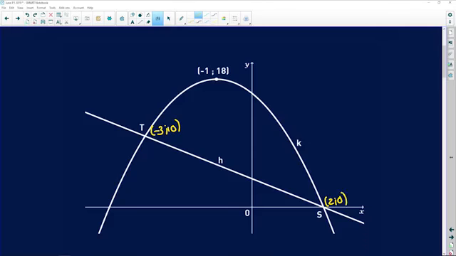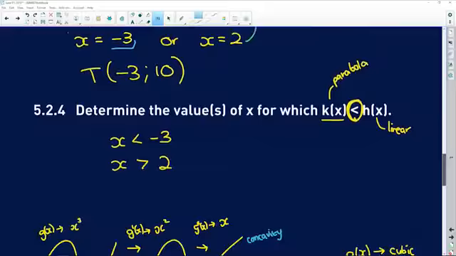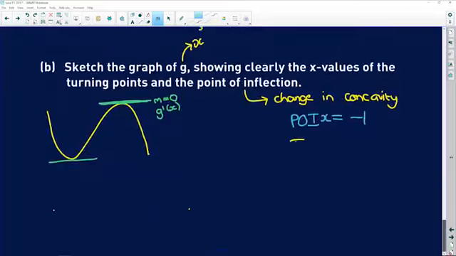If we were given that this parabola is the first derivative, remember this is g prime of x, where this equals 0, we are going to get the turning points of g of x. So we found it. At x equals 2 and x equals negative 3 is where the turning points are. So here, turning points at x equals 2 and x equals negative 3.